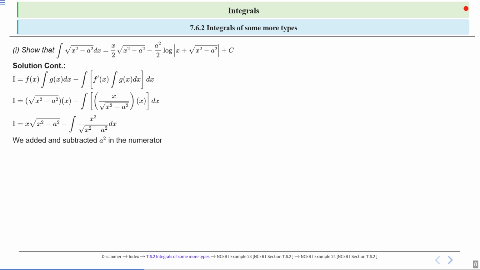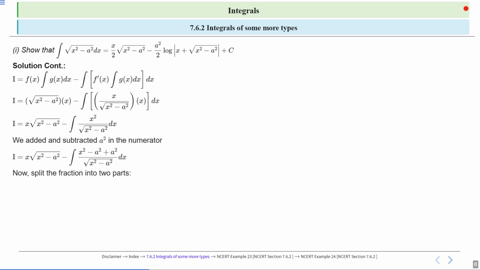To find the integration of x² by root under x² minus a², we use algebraic manipulation: we add a² and subtract a² so that we can separate it into two terms. So we get the integration of x² minus a² plus a² by root under x² minus a² dx.